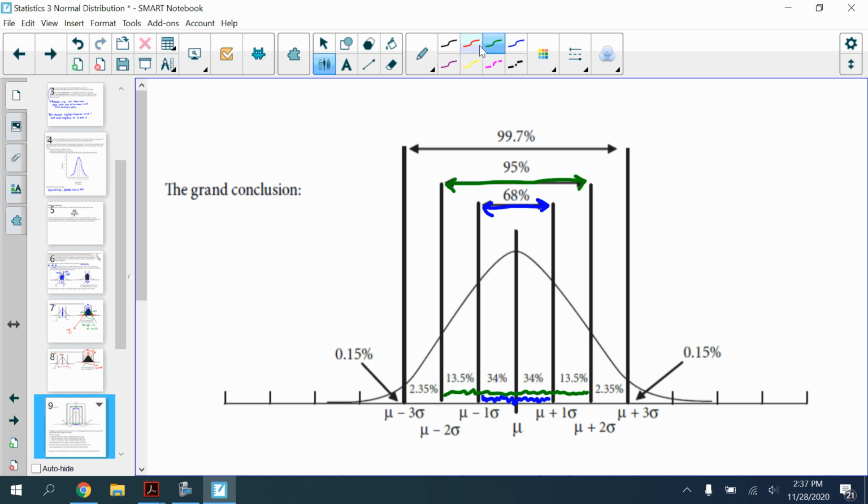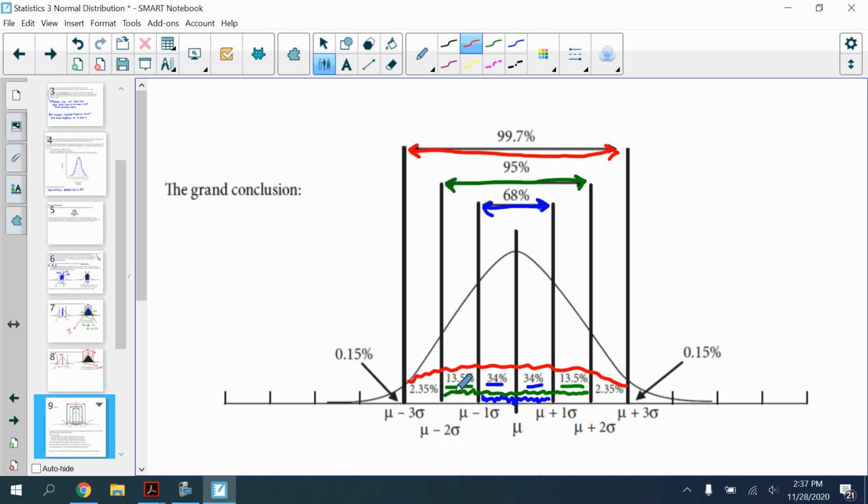And the mean plus or minus 3 standard deviations is 99.7. And so we figured out these numbers here. So 34 and 34 is half of 68. This 13.5 we figured out as well, because if we subtracted 95 minus 68 and then divided that difference, which was 27, in half, it was 13.5.